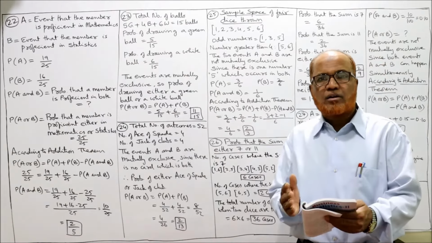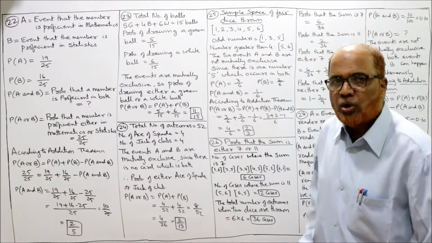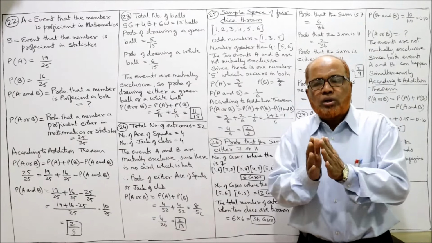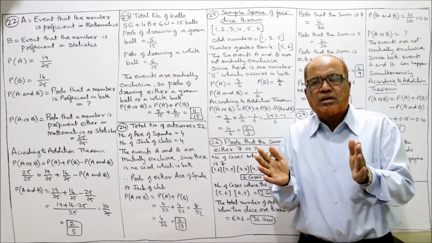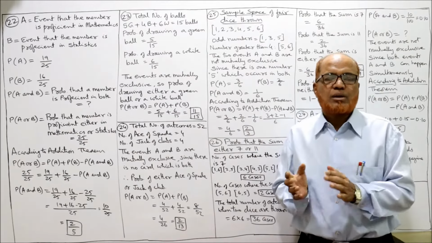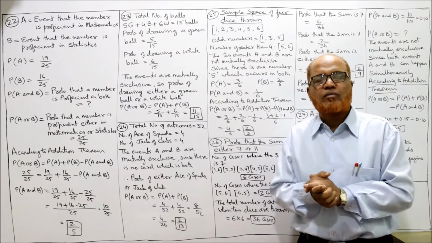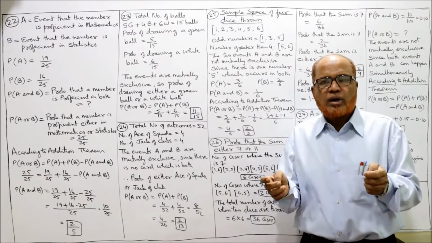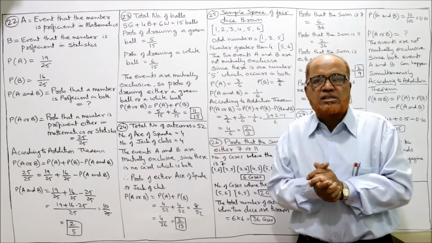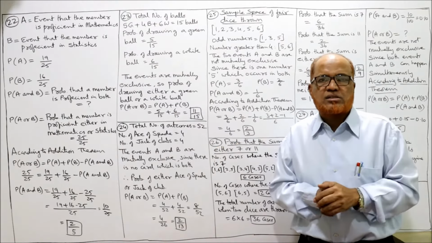Either 7 or 11. See, 2 dice are thrown. When 2 dice are thrown, the total number of outcomes are 6 into 6, 36. This type of problem earlier we have already done. जब 2 dice throw करेंगे तो total number of outcomes are 36. 6 into 6.